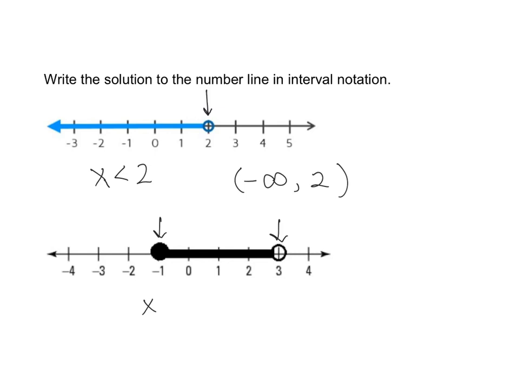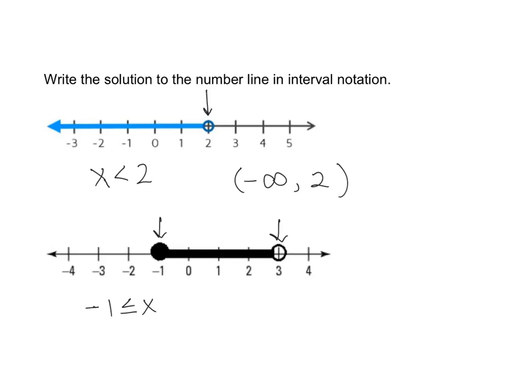So I start with the left side of my inequality, my left number, in this case -1. I've got a closed circle at -1, so I'm going to have an equal to. And if I were to ignore that the 3 is there, I've shaded everything to the right side, which is everything greater than or equal to -1. So I'm going to write my inequality backwards. I'm going to say x greater than or equal to -1.